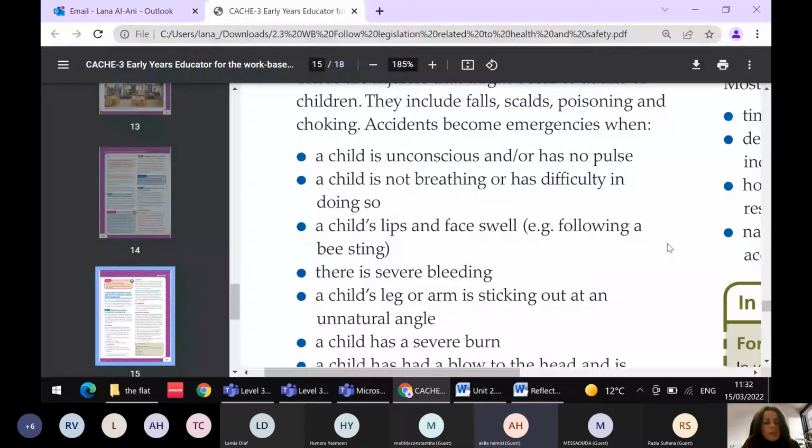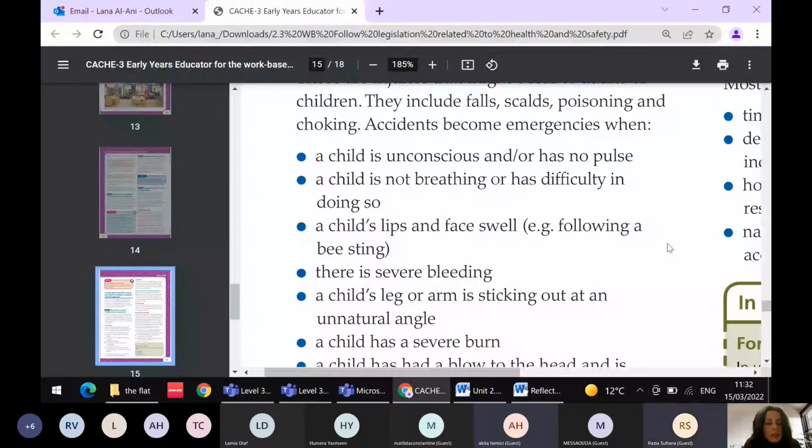A child has fallen and broken his arm and the bone is sticking out, for example. A child has a severe burn, or difficulty in seeing, or feels sick suddenly. So all these are accidents.